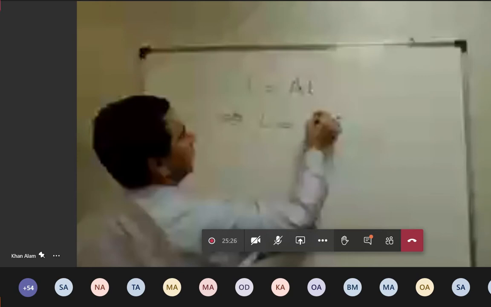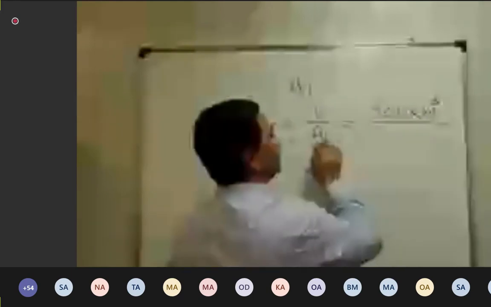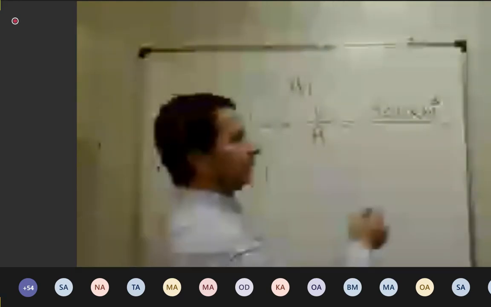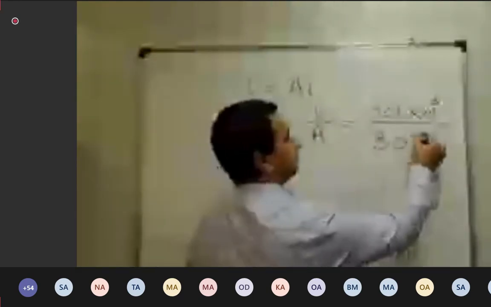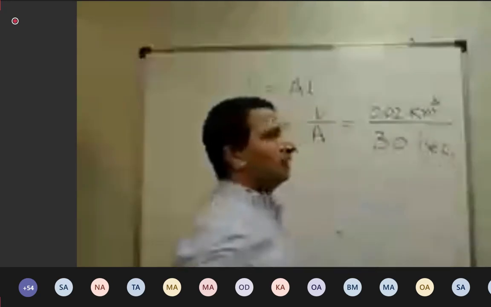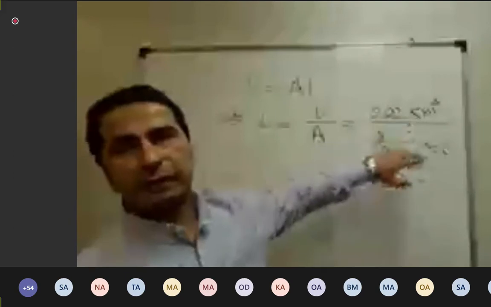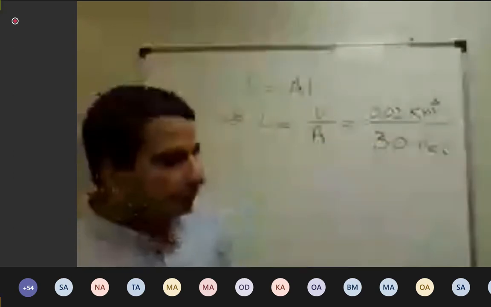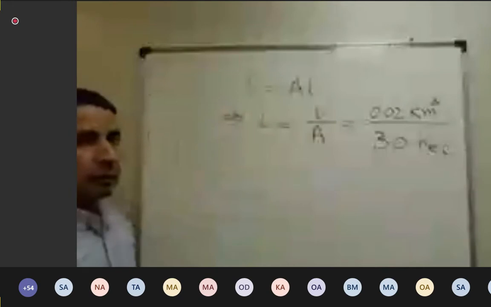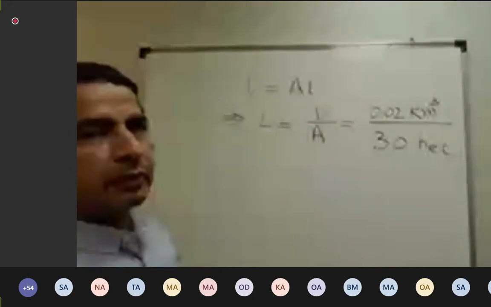Now, if you look at it, the volume is 0.02 kilometer cube, and the area is 30 hectares. Do you see that the units are completely different here and there, right? We need to change the units. How can we do that?